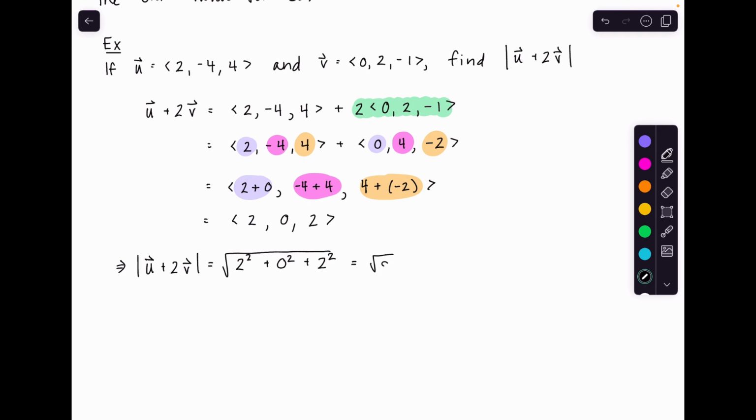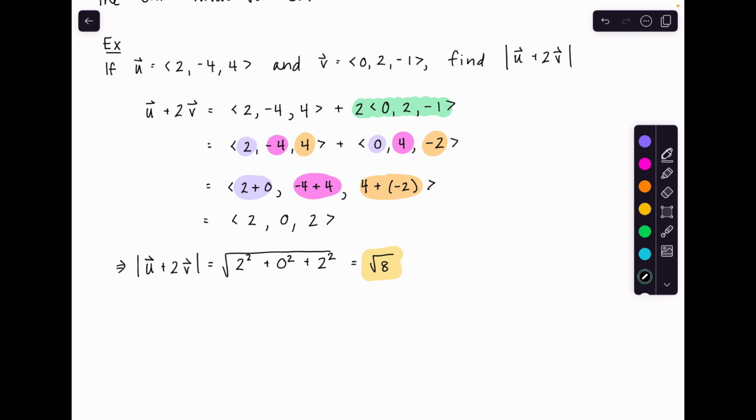This gives us the square root of 8. So the length of this vector is the square root of 8. Okay. I don't mind on your test if you don't simplify. Typically, the online software is pretty good with you not having to simplify either. So if at any point you get marked wrong on a test or something because you didn't simplify, just let me know.